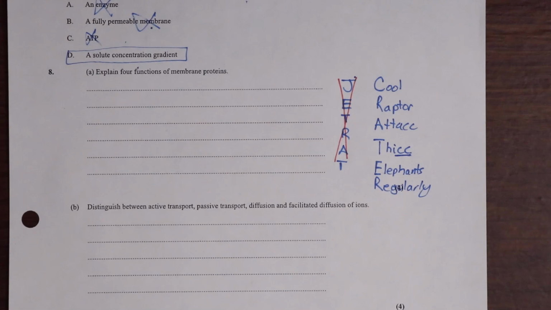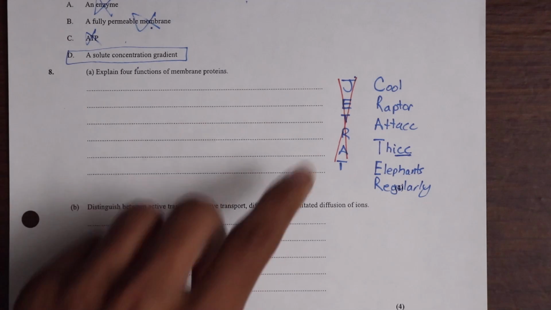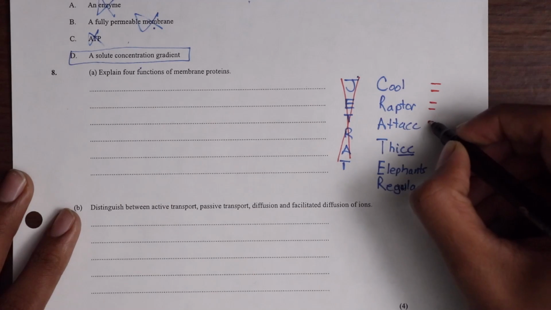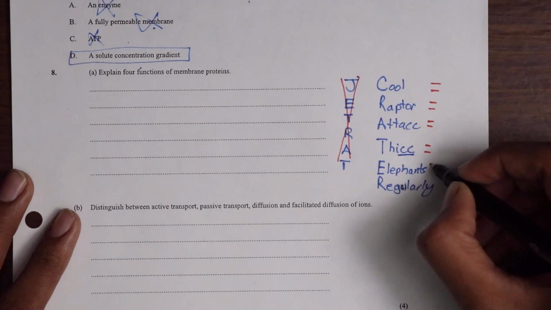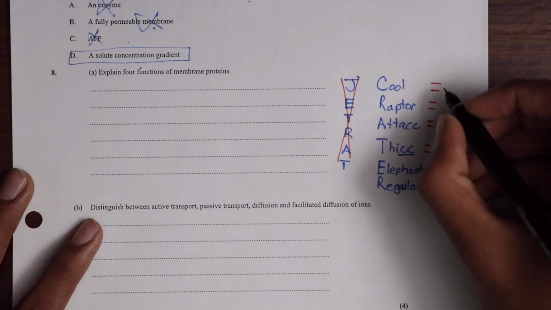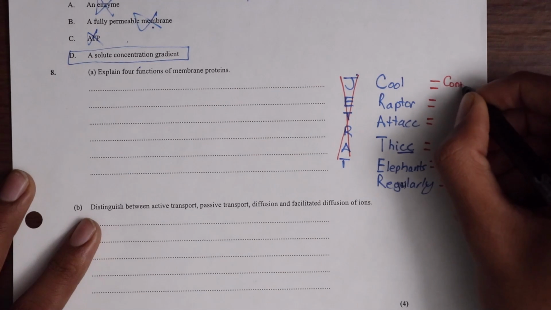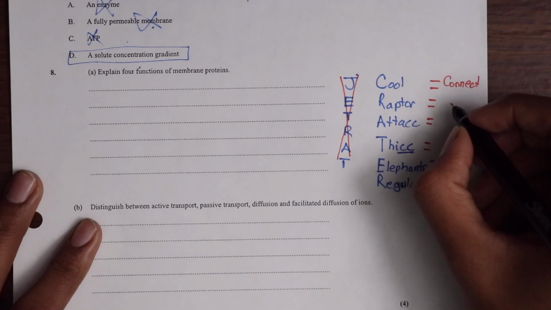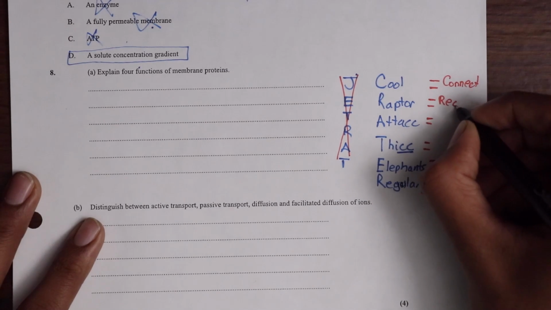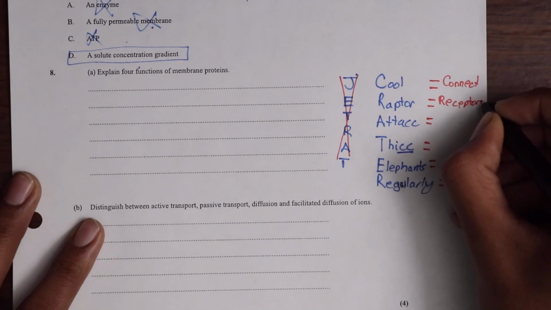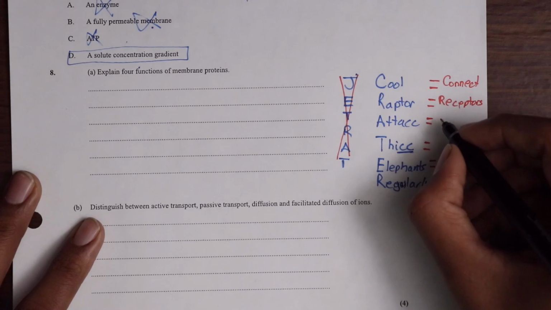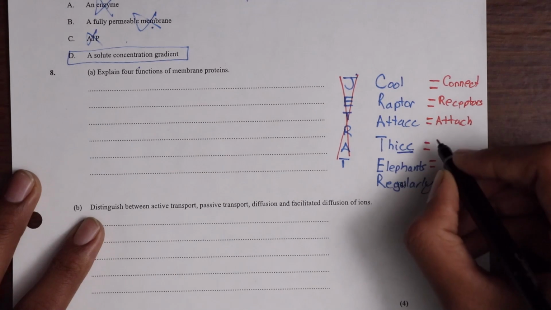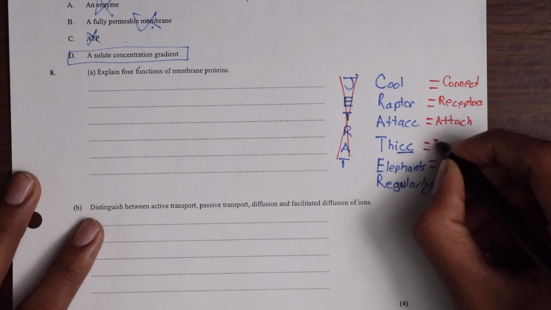Now, kind of want to know what these stand for as well. Now, these are super easy because these words are associated. So, C is to connect. R is for receptors. A is for attachment or to attach. T is for transport.